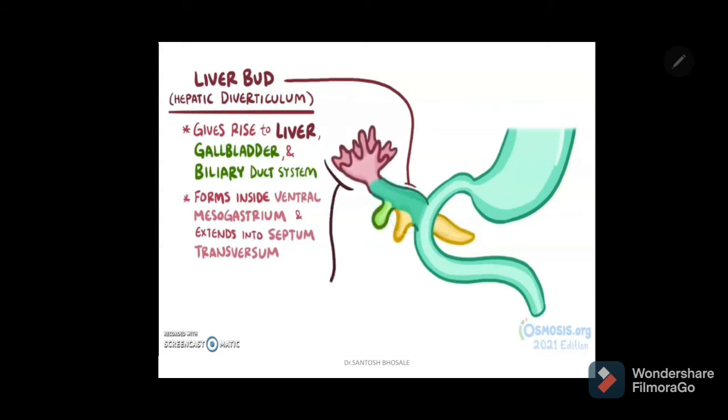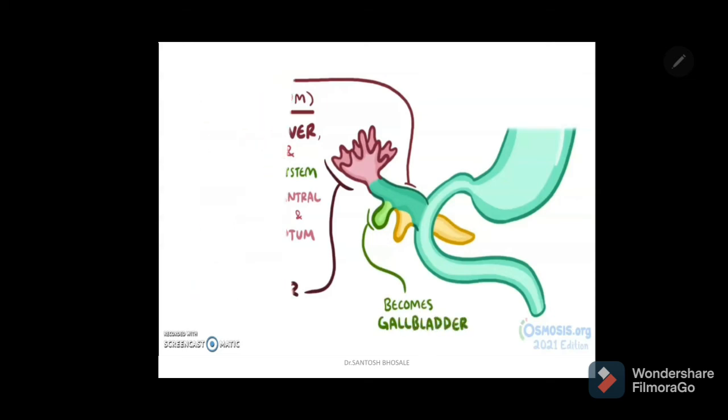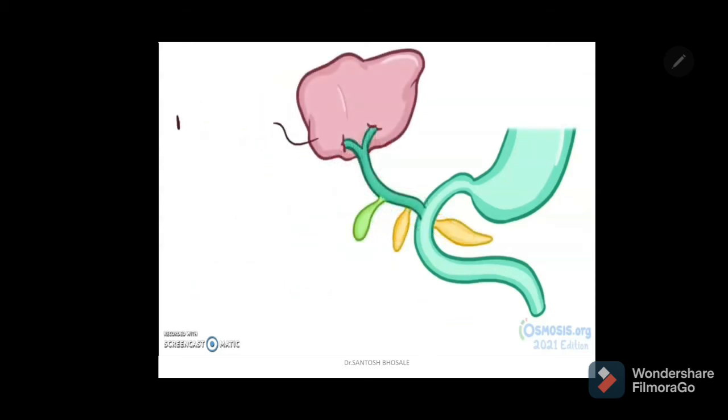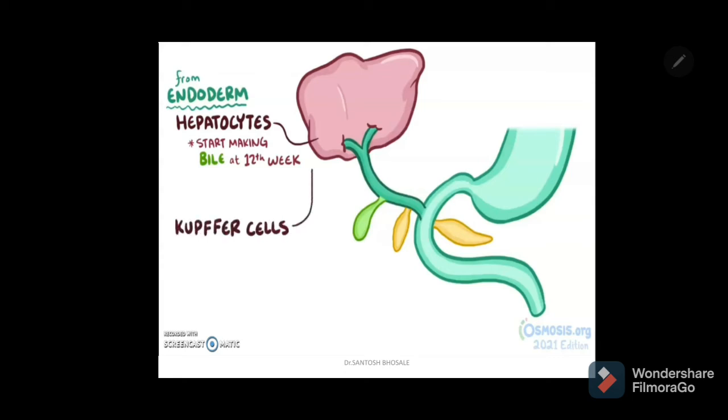You can notice there, that is the liver. This is the gallbladder, and the duct portion forms the common bile duct. So the hepatocytes form buds, cylinders, cords, and plates of cells. This is how the bud will differentiate into cords of hepatocytes.